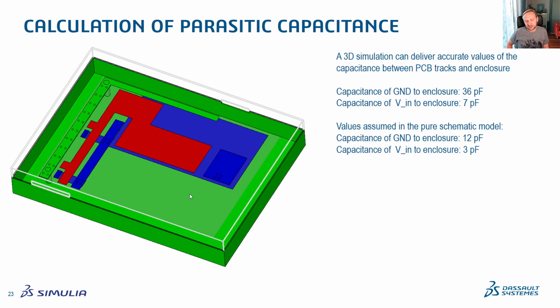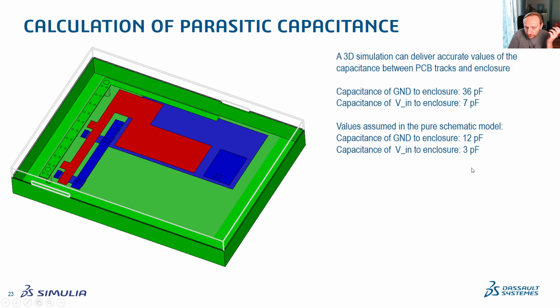It's very fast, running in less than a minute for a structure like the one shown on the left-hand side. I estimated 36 picofarad for blue to green, and 7 picofarad for red to green. That's not far from my educated guess, where I used 12 and 3; 36 and 7 are the more actual values.